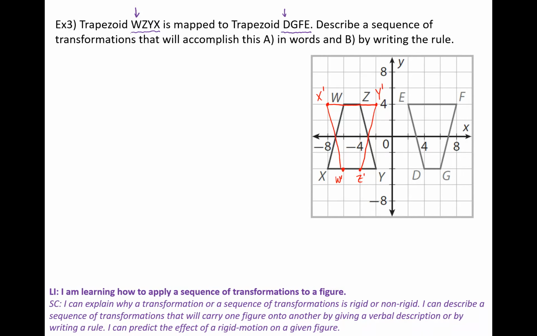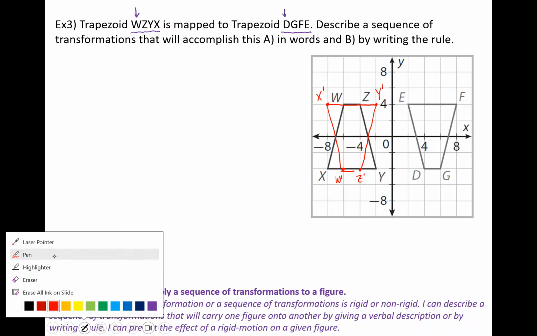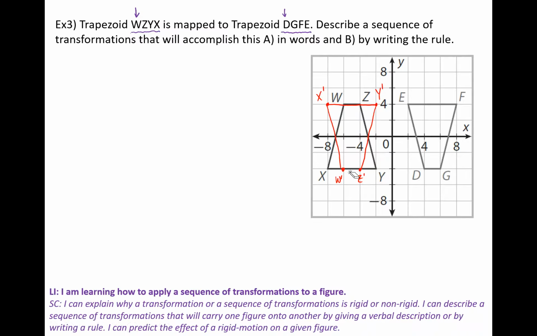Then if I use this new figure, I feel like we can more easily figure out how to get to the other situation. So let's take a look. Sorry, let me redraw this really quickly. Okay. All right, so once again, my goal is to get them to match up.